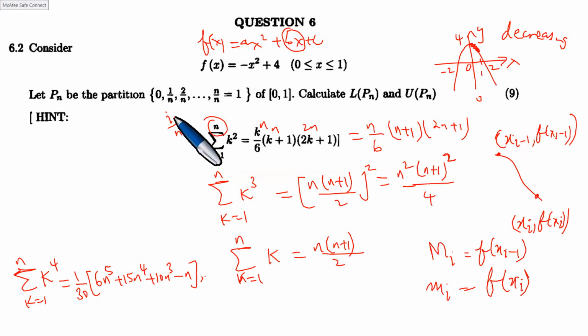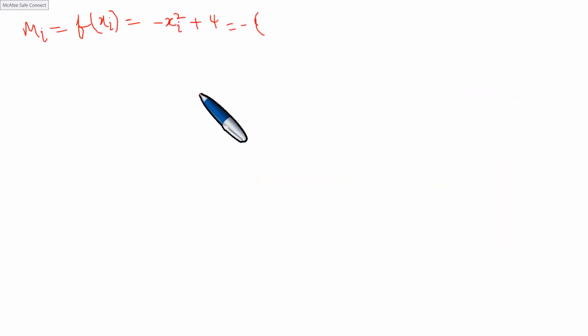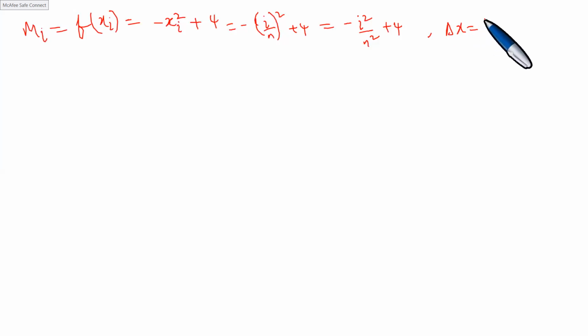So x_i is just going to be i over n, giving minus (i over n) squared plus 4. And then we note that our delta x is 1 over n.